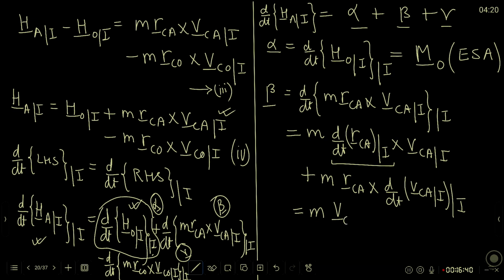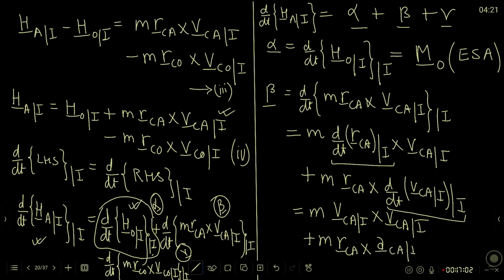Time derivative of position vector gives us velocity vector, and then time derivative of v^CA/I will give me a^CA/I, where a is acceleration.